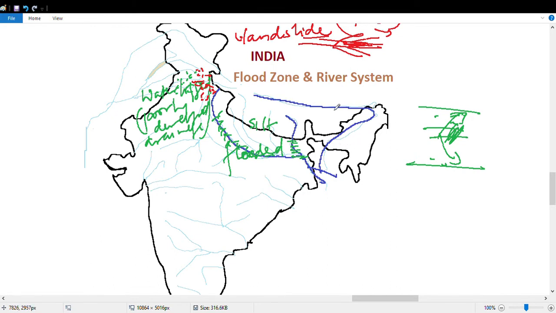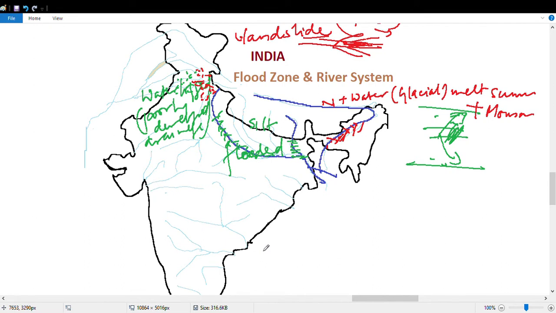This part is very narrow, plus it carries a huge amount of water from glaciers that melt during the summer season, added with monsoonal rain. It impedes drainage and the water flows everywhere, making flood.